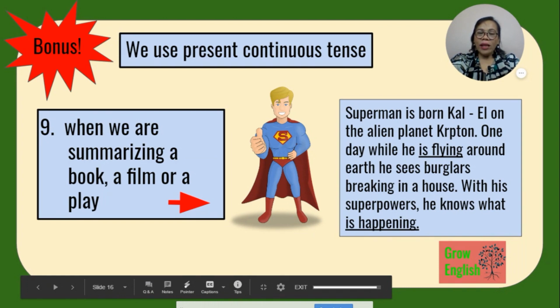One day, while he is flying around Earth, he sees burglars breaking in a house. With his superpowers, he knows what is happening. So I have here the verb phrases is flying and happening. So this is also used to summarize a book, a film, or a play.